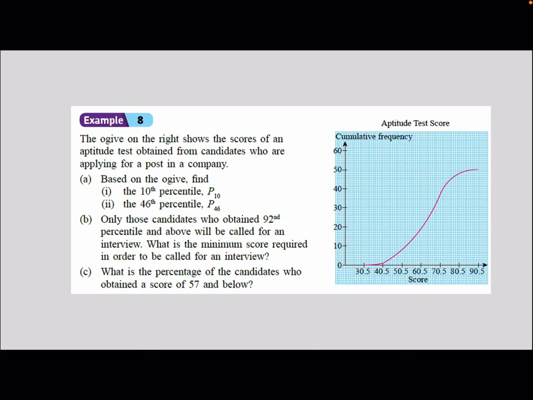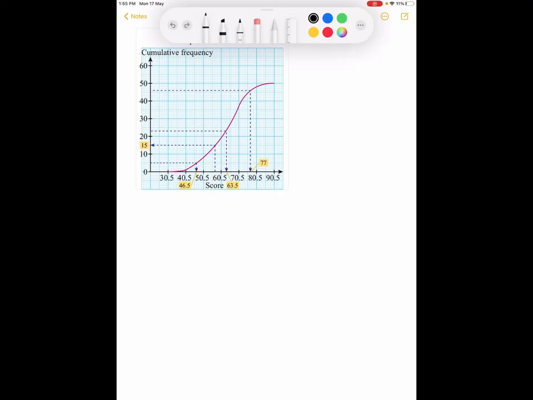Example 8. Let's try the first question of example 8, which is based on the ogive. The question asks us to find the value for the 10th percentile and the 46th percentile. For the first question, we need to find the value of the 10th percentile, which is P10.